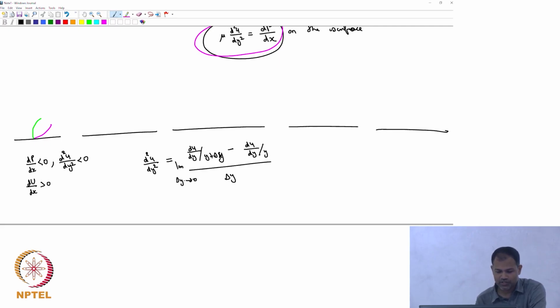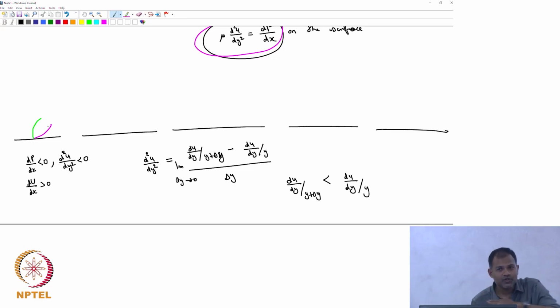I want d square u by dy square to be less than 0. So that means du by dy at y plus delta y should be smaller than du by dy at y. Okay, so du by dy is the slope, and that slope should be largest at the wall. So that is satisfied by the magenta line, right?